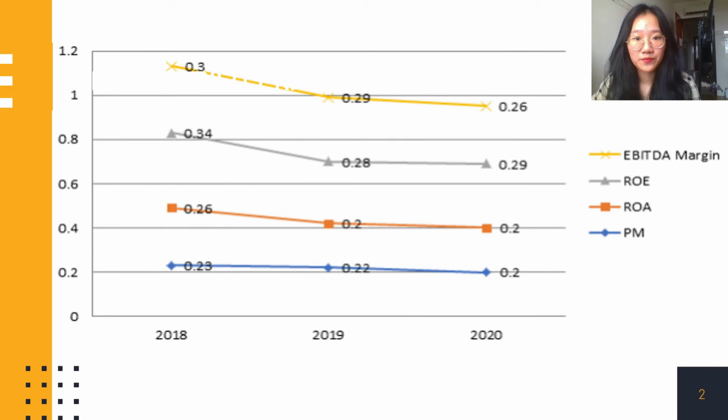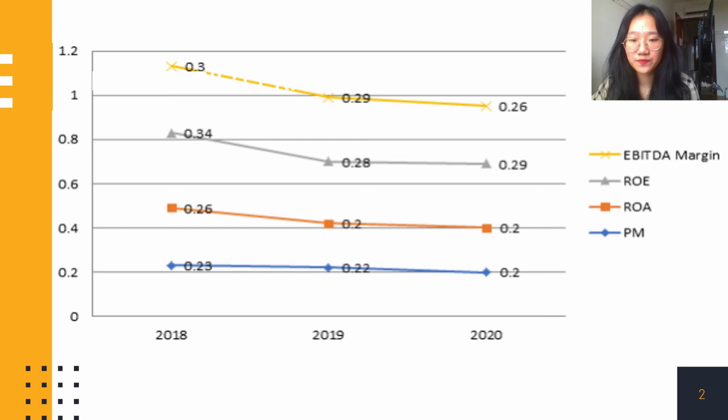So the profit margin ratio of GDT has a minimal decrease of only 0.04 over the past 3 years, and a similar pattern happens with the ratio of return on assets and earnings before interest, tax, depreciation, and amortization, with the figures dropping by only 0.05 and 0.04 respectively from 2018 to 2020.